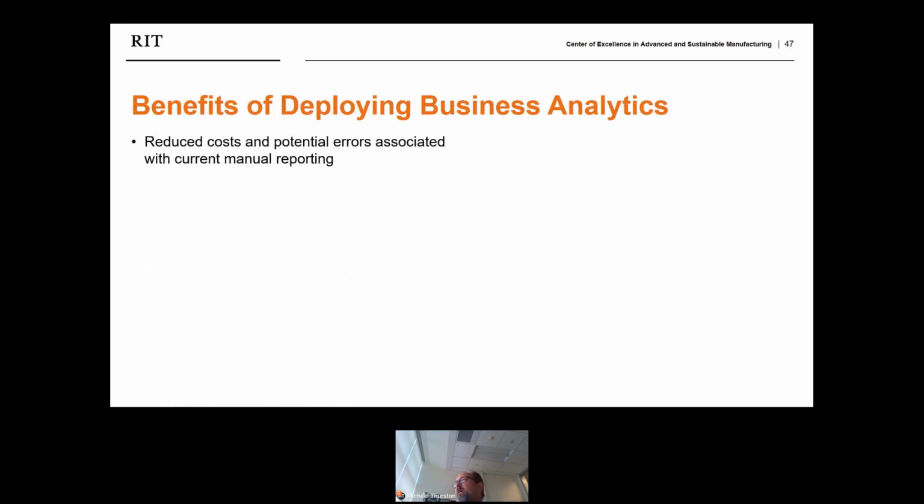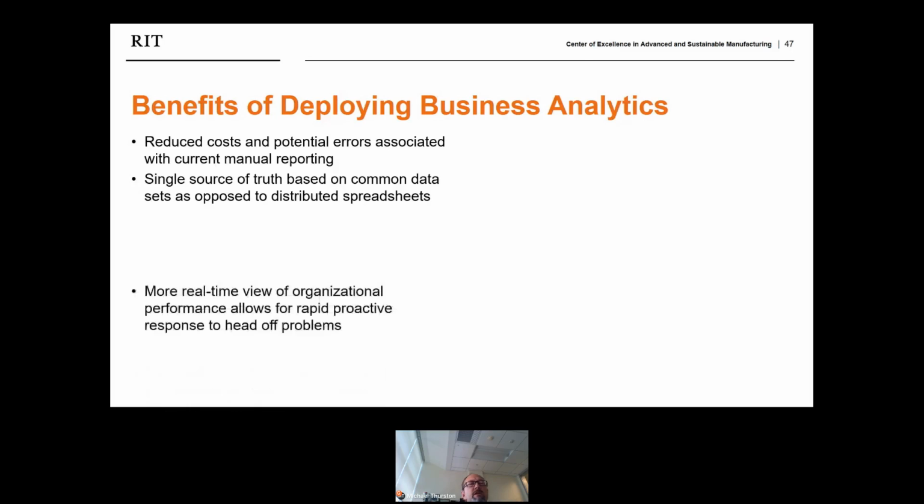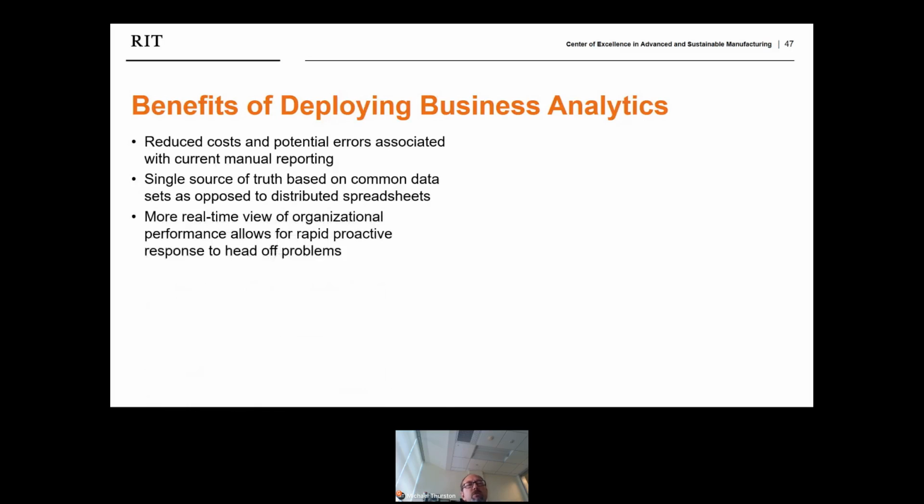So to recap what the benefits are of deploying business analytics: reduced costs and errors associated with current manual reporting. You have a single source of truth based on common data sets, as opposed to having your data distributed amongst spreadsheets throughout your whole organization. A more real-time view of organizational performance allows for rapid, proactive response to head off problems.